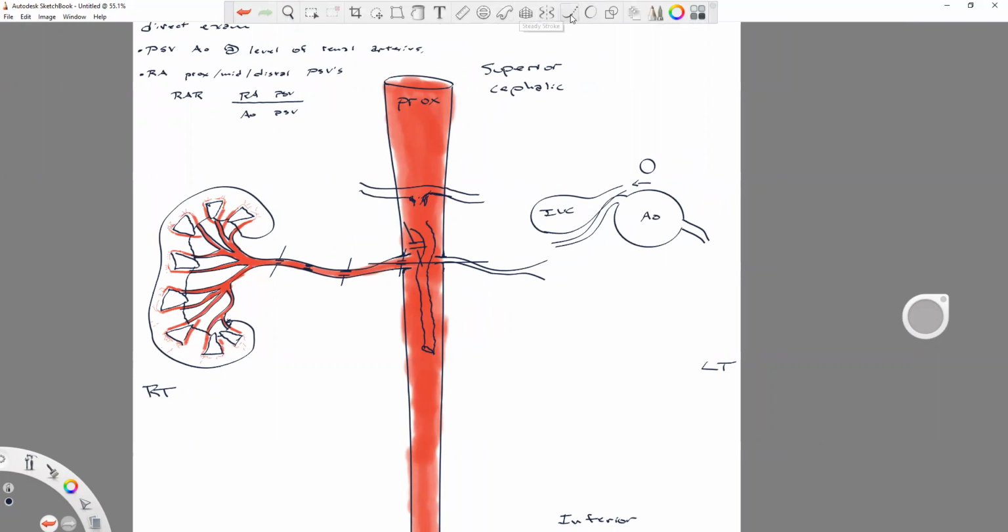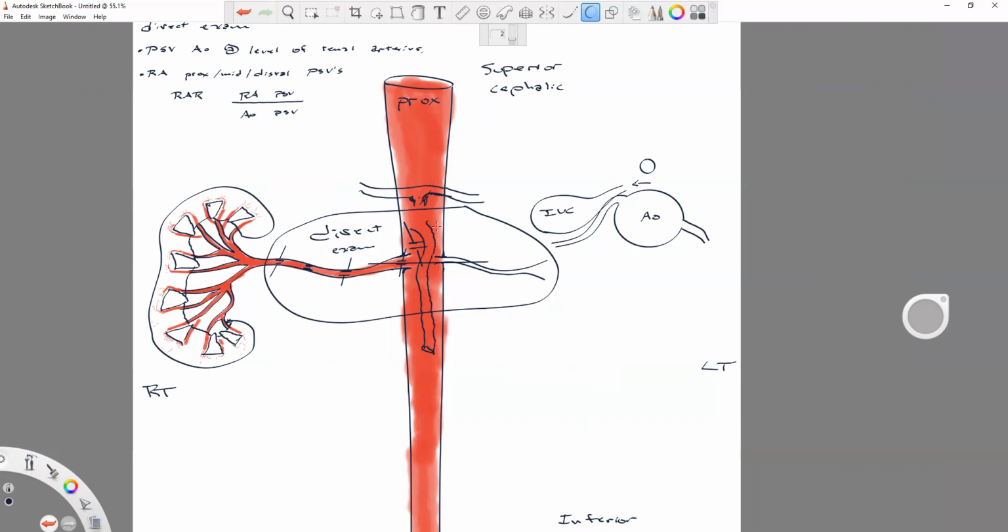Okay. I'm going to draw a circle in here. Kind of a funny circle. What I just circled is the extent of the direct exam.